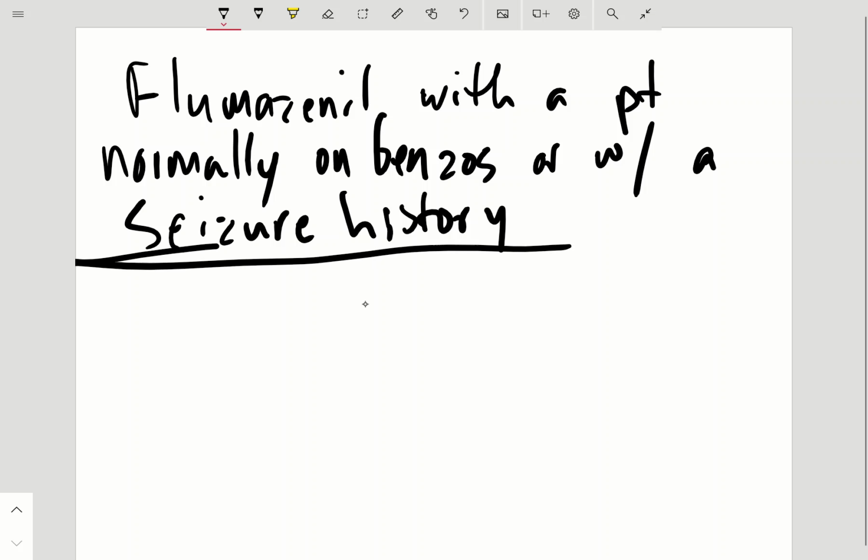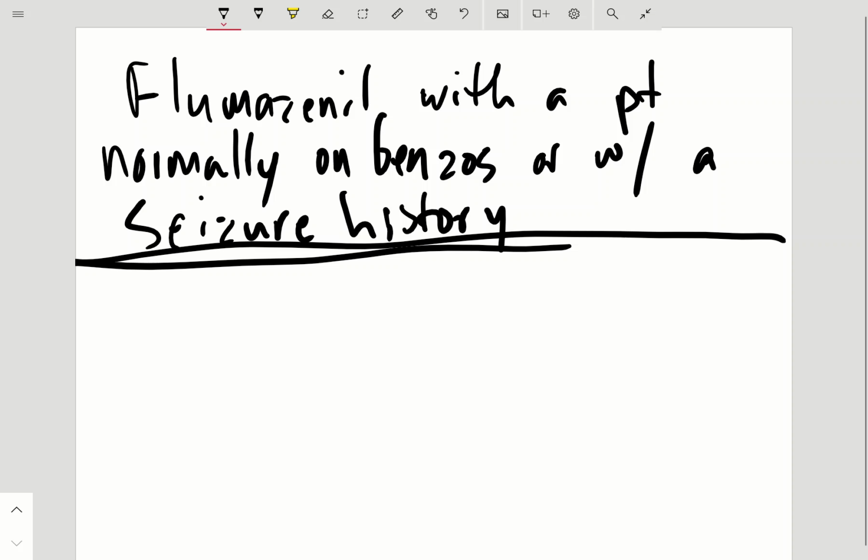All right, so if somebody is seizing and we need to give a benzo to break the seizure, and that flumazenil is competitively binding against that GABA receptor, it doesn't matter what we give as far as that benzo, it won't work.